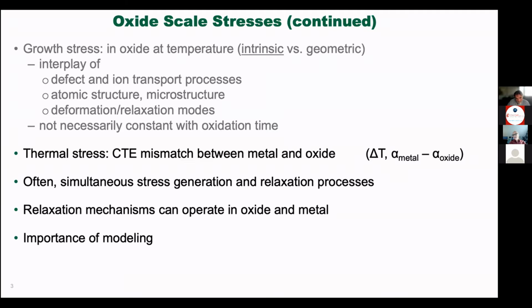And because of this, it's not in many cases a very straightforward phenomenon, because there are competing processes and many processes going on at the same time. And that's why it's so important to be able to model these and to get data that can help develop models to differentiate between the different processes that are contributing to the appearance of these stresses.